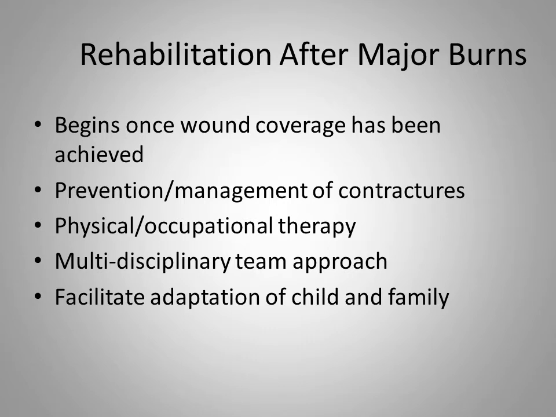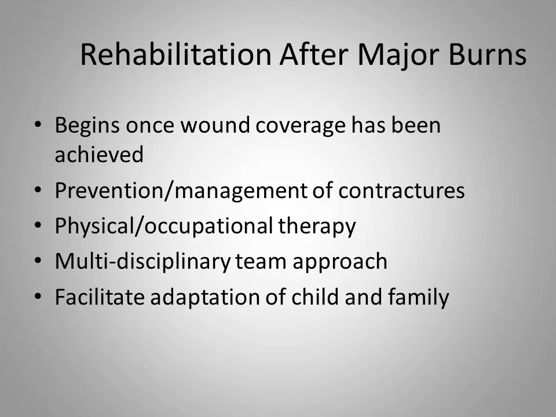Rehabilitation after major burns begins once wound coverage has been achieved. So if the child has had some sort of graft and the child is stabilized and recovering, then we start the rehabilitation phase. It's important to prevent and manage any type of contracture with the use of physical or occupational therapy.